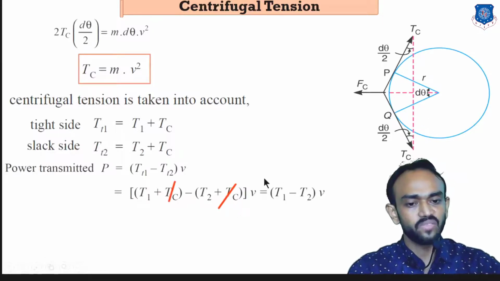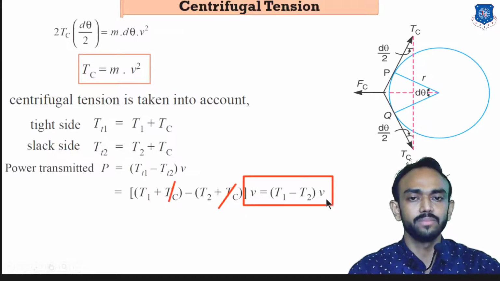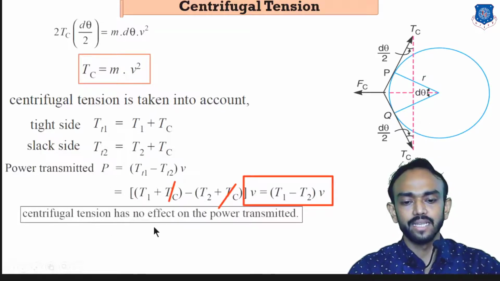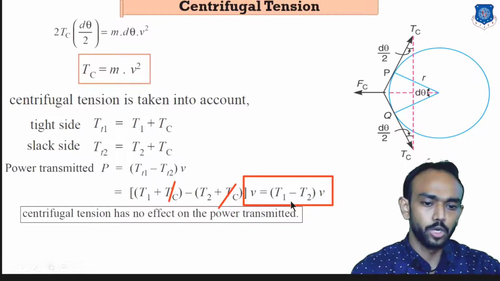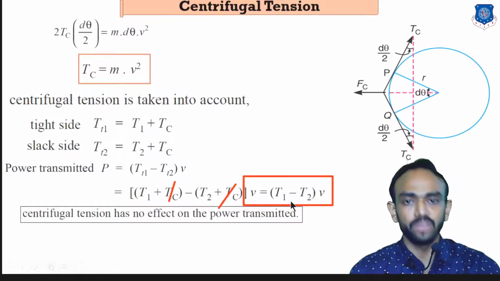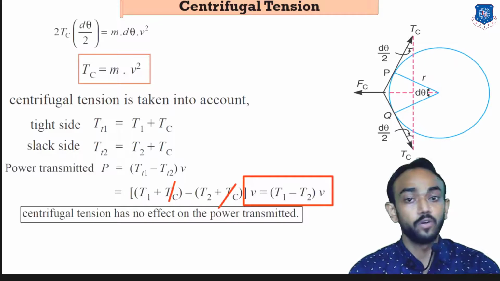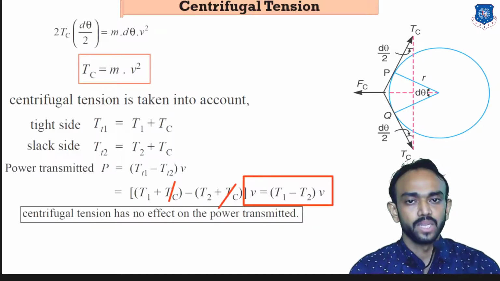So our final equation does not change: power is equal to (T1 minus T2) into V. This means centrifugal force does not affect the power transmitted by the belt, because it is working on both sides, tight side and slack side, so there is no difference in the effective tension.